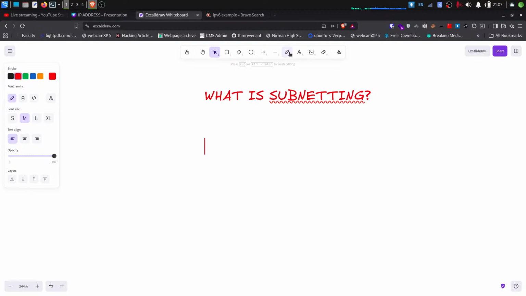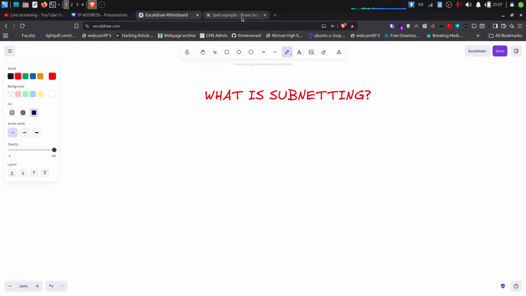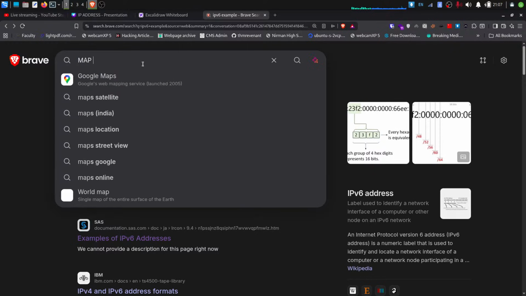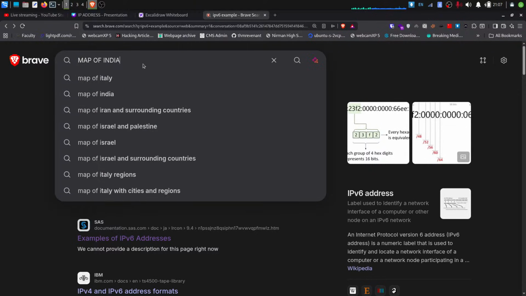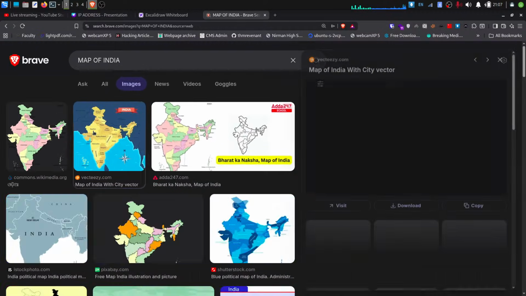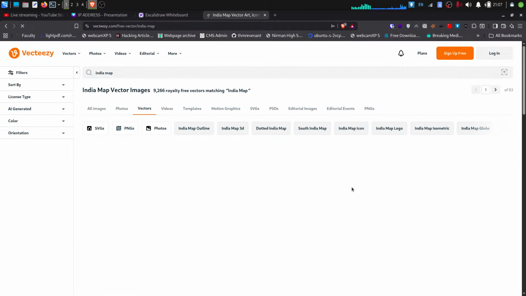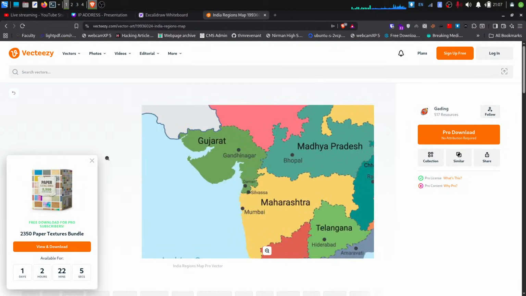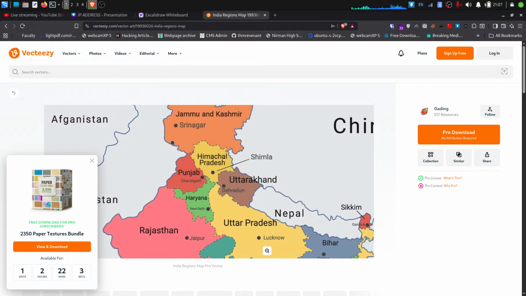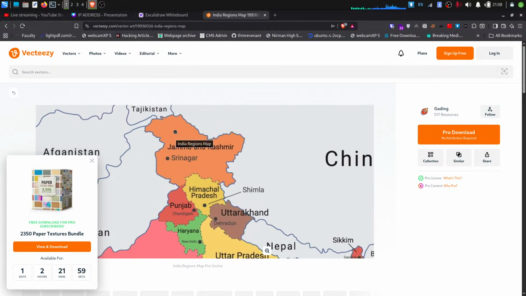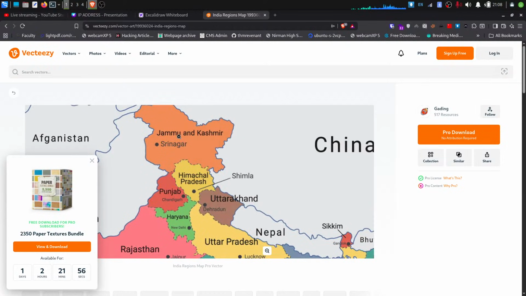For example, this is a map of Bharat, and there is a train which starts from J&K, Jammu and Kashmir.